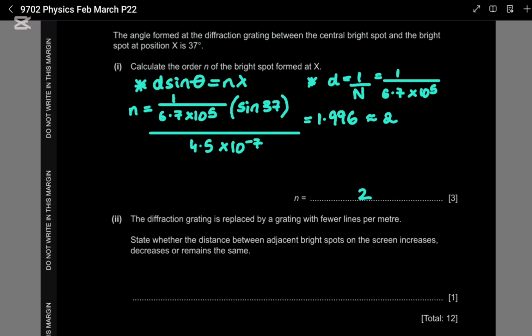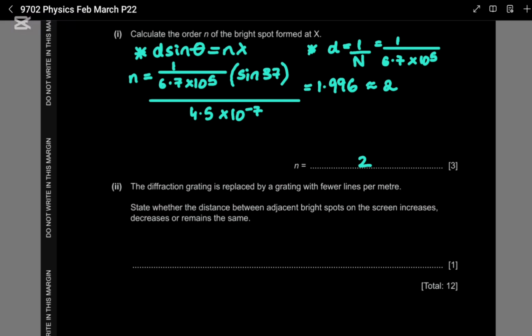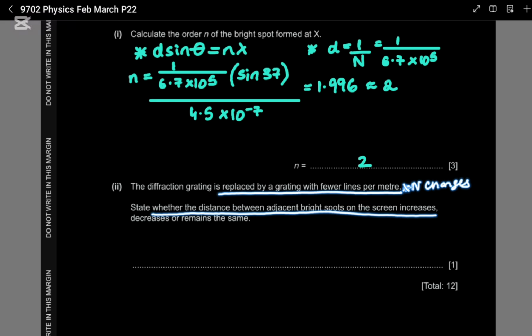All right, now part II, the diffraction grating is replaced by a grating with fewer lines per meter. State whether the distance between adjacent bright spots on the screen increases, decreases, or remains the same.